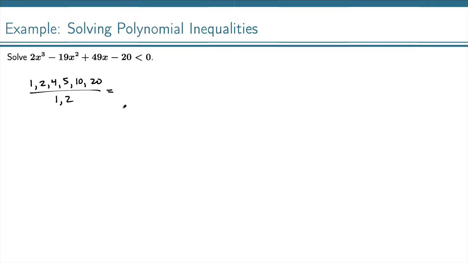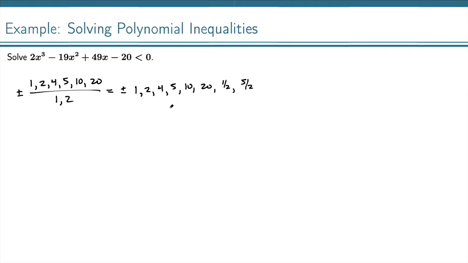So our possible combinations, of course we get positive or negative, all of these: 1, 2, 4, 5, 10, 20, and then each of those divided by 2. 1/2, 2 over 2, which is 1, 4 over 2, which is 2, 5 over 2, 10 over 2, which is 5, and 20 over 2, which is 10. So this is our list of possible things.